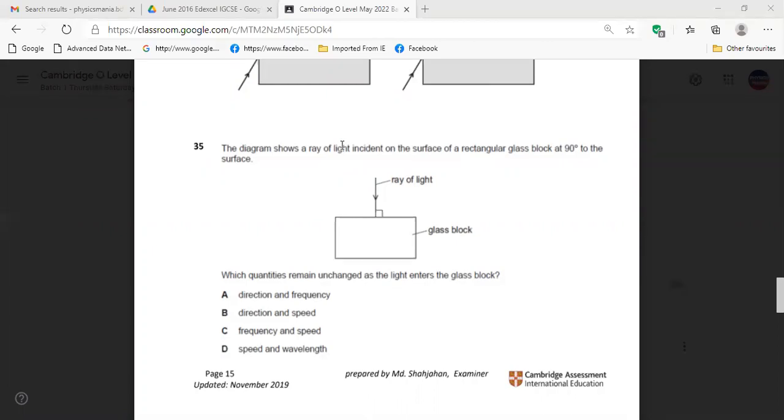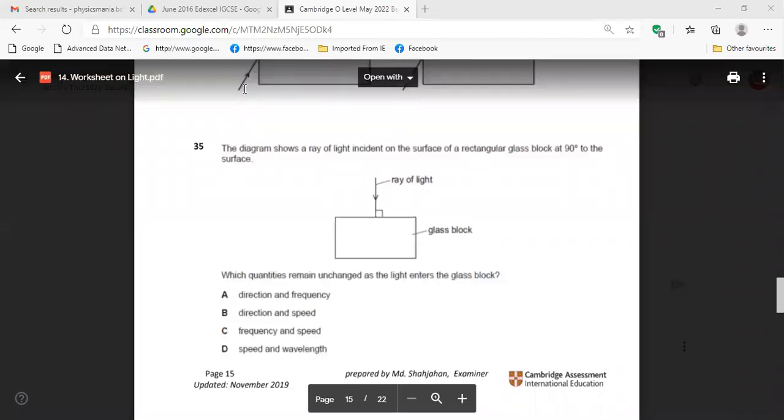Mahi and Monica, you missed topic 13. That's why I'm telling you again that frequency remains unchanged for the same source. So you write this note.